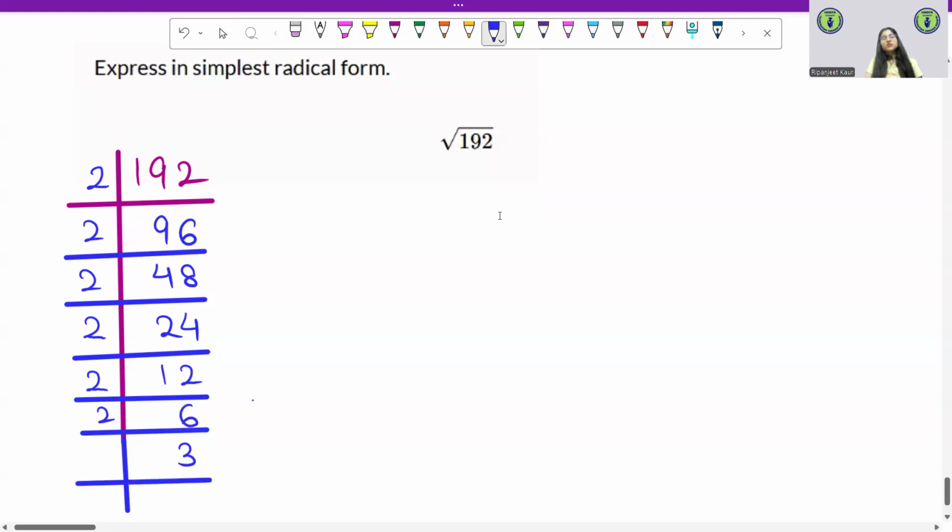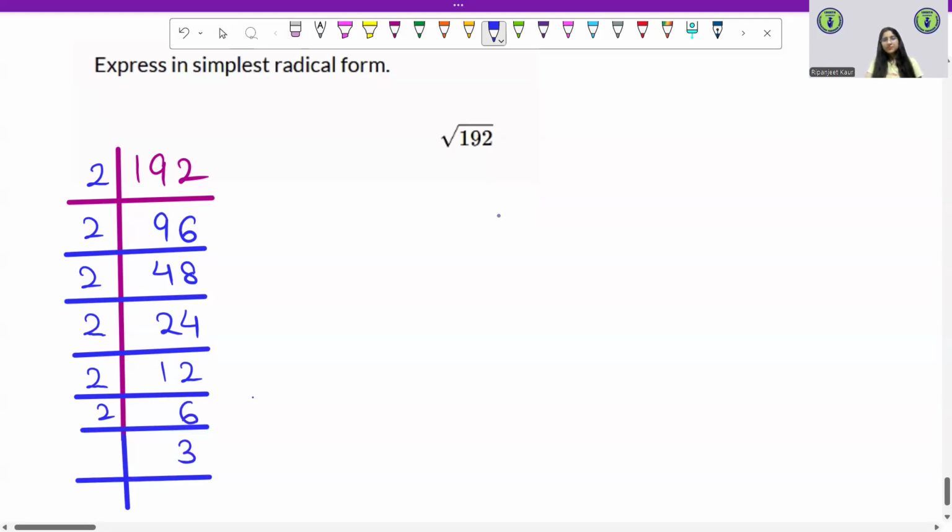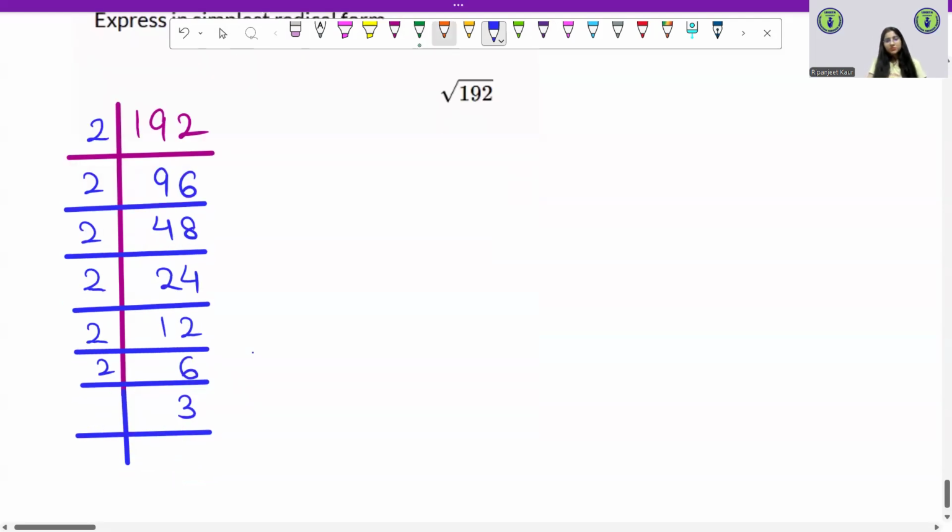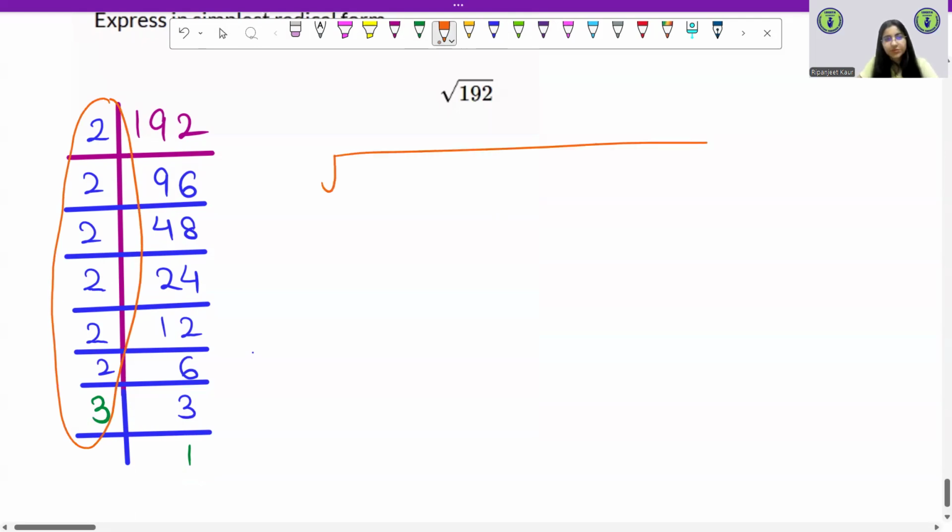We do it till we get a 1. So this goes on 3, and this is 1. Whatever numbers are on the left-hand side give us the prime factorization of 192. We are writing all the numbers. 2 is there 6 times here: 1, 2, 3, 4, 5, and 6 times, and then 3.